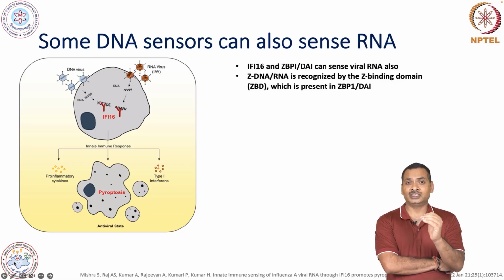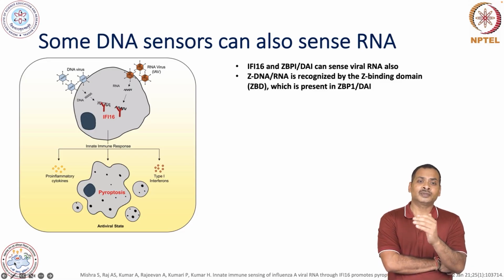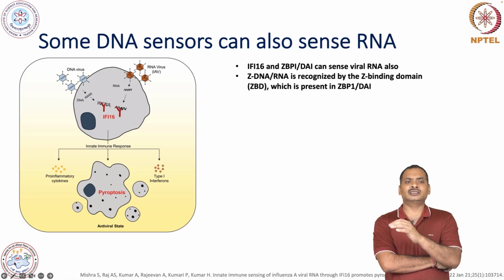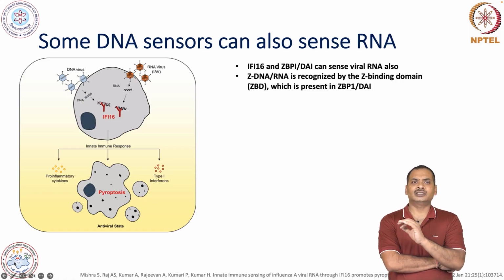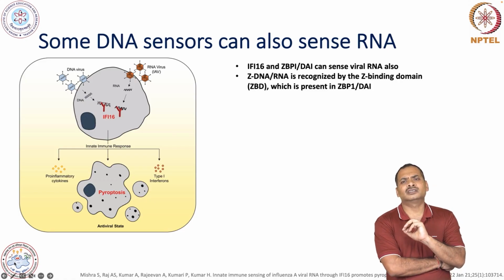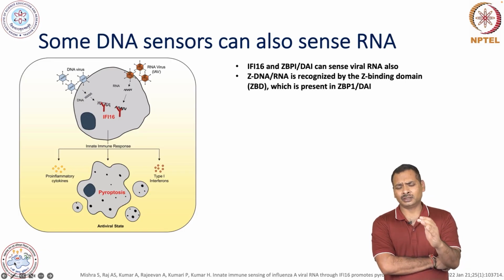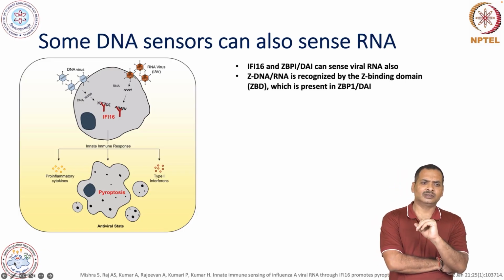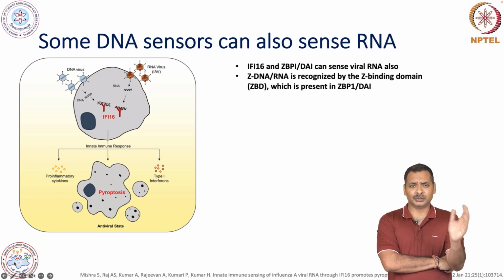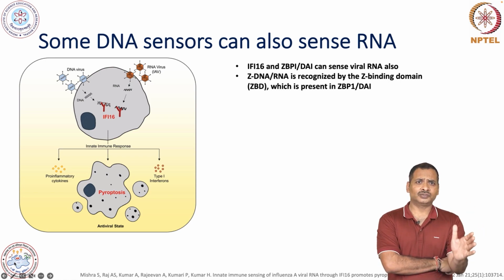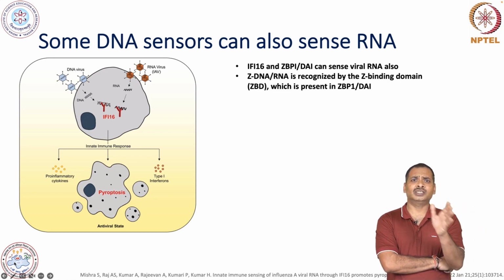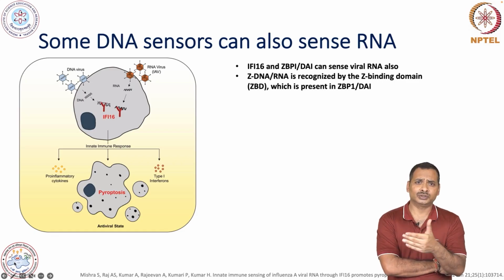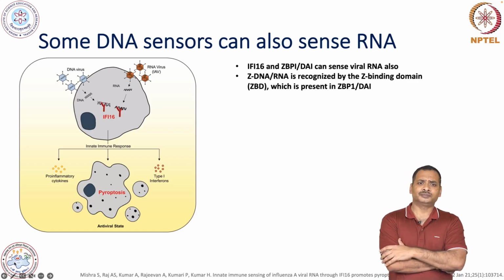They do not sense NDV RNA, and upon sensing they trigger pyroptosis, as you can see in this slide. Okay, besides the production of inflammatory cytokines and type 1 interferon, they also induce pyroptosis.